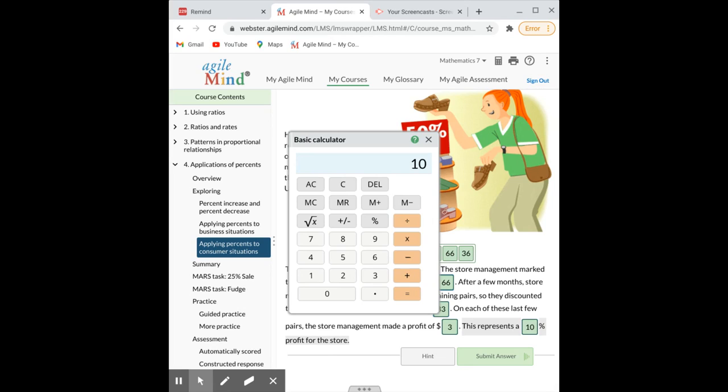Correct. All right. So we're not going to do 30 divided by 3 because we want to find the percent, okay? And the percent was 0.1, and then we converted it to 10% because we take the amount of change, which was 3, and divide it by the original price, which was 30.